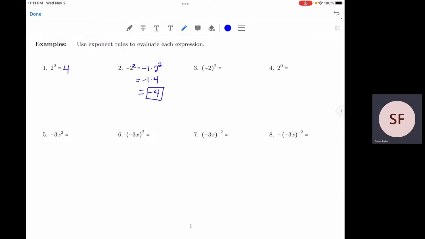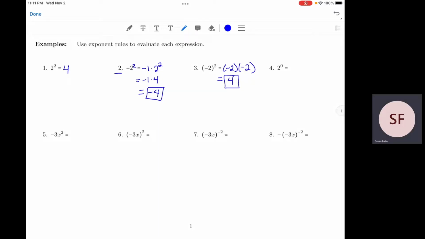Now that you'll notice was different than number 3 here. So now this number 3 has parentheses here. That means that exponent of 2 will apply to both the 2 and the negative in front of it. That means this is going to be -2 multiplied by itself 2 times, -2 times -2. Those negatives will now cancel out and we are going to get a +4.